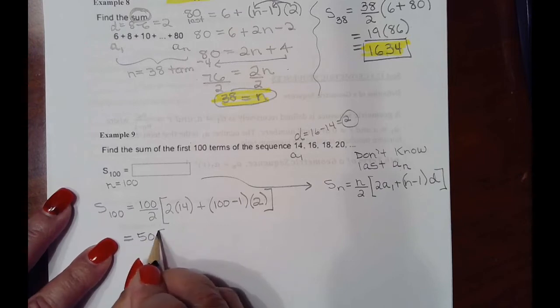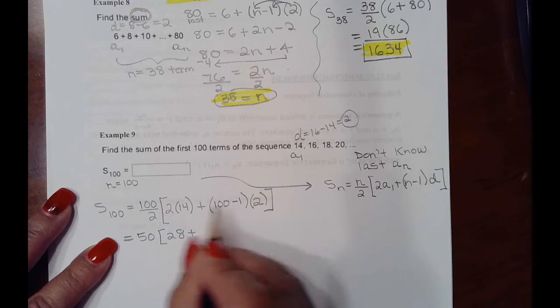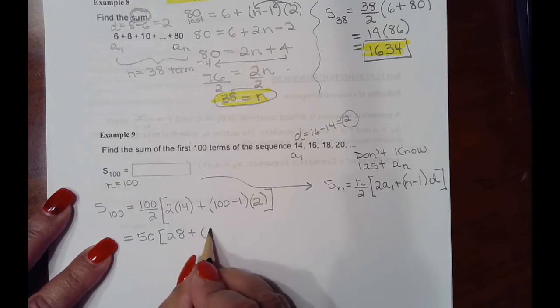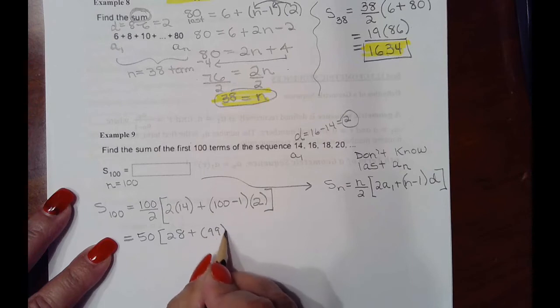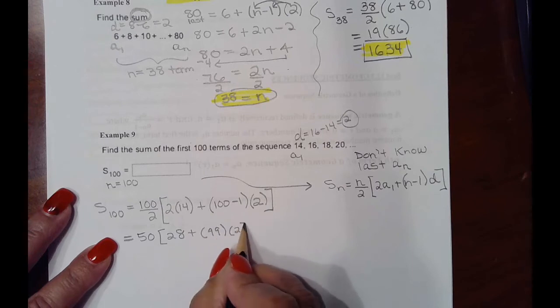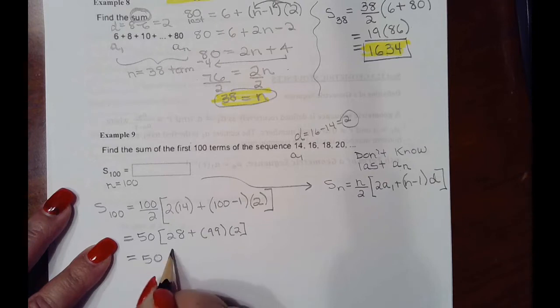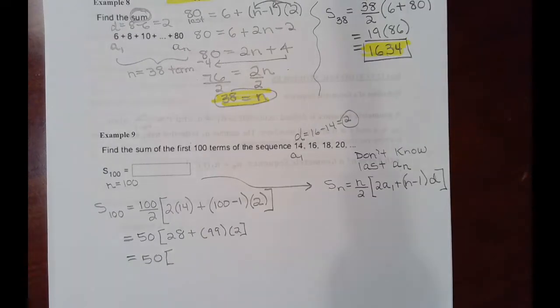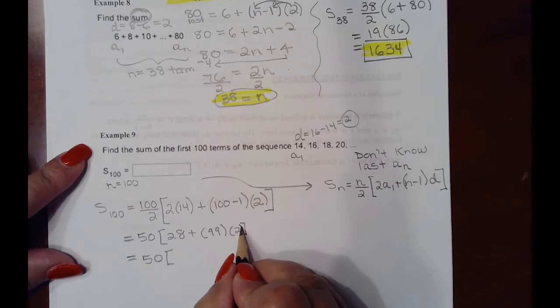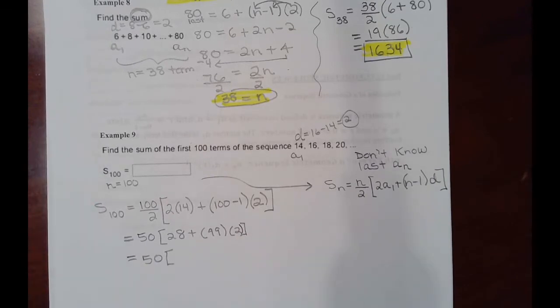So we have 50 out front. 2 times 14, 28. 100 minus 1, 99 times 2. So a little bit better looking at this point. So 50, I'm going to get one number inside the parentheses.